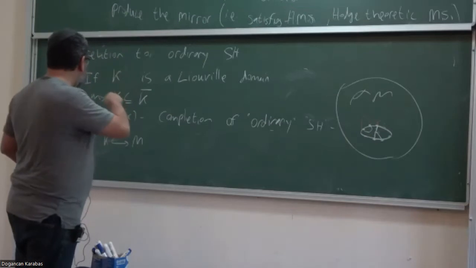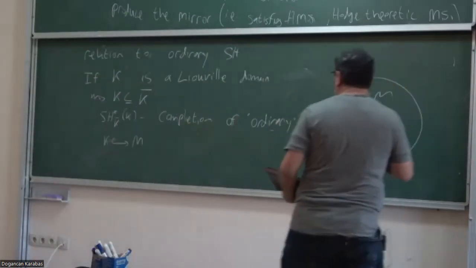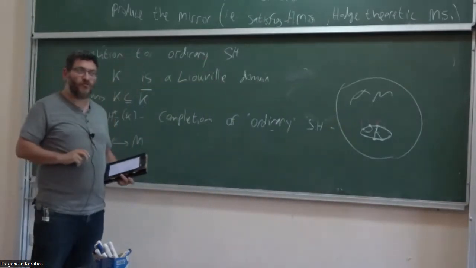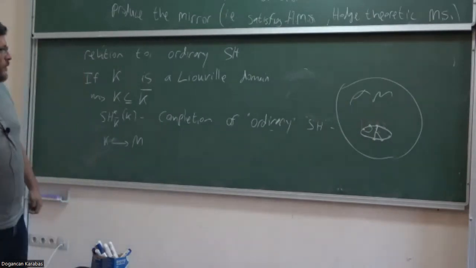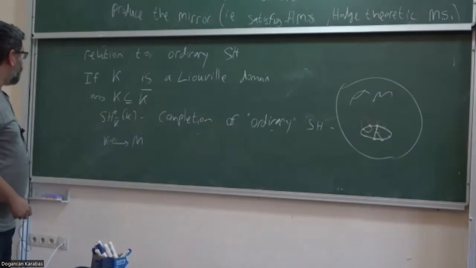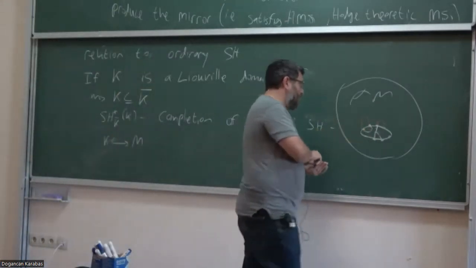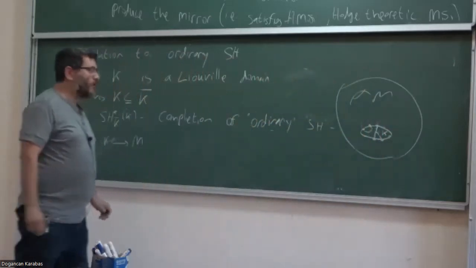So in the case where K is a Liouville domain embedded inside a manifold which is not necessarily a Liouville domain, you should think of it as a deformation of ordinary symplectic homology. Can you say it again? K is the white thing I drew, and it's a Liouville domain, but M is just some arbitrary symplectic manifold.